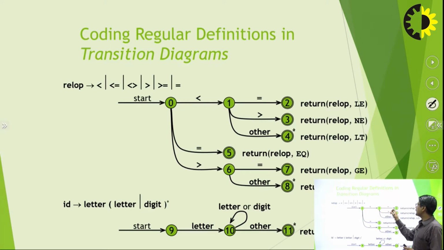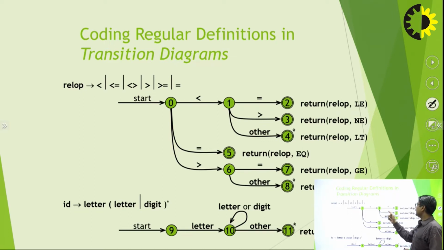Less than or equal to is accepted on state 2, where it returns relational operator less than or equal to. So if state 2 is reached, it definitely returns relational operator less than or equal to.